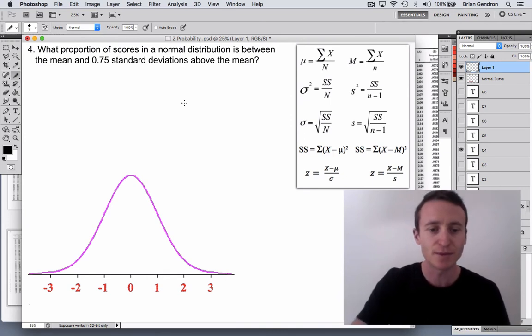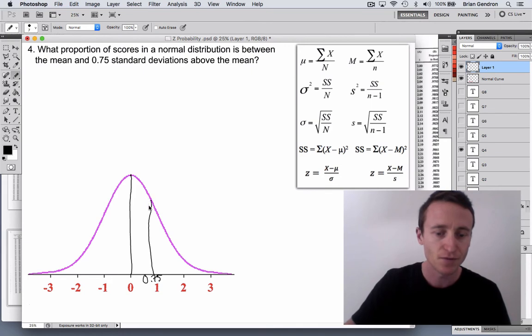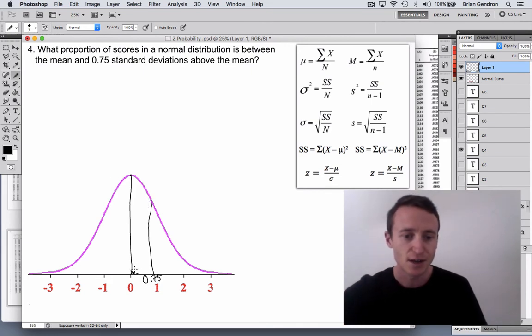All right, so now we have something a little different as well. This is asking us what proportion of scores is from the mean, which is right in the center, to this point, let's say right about here, 0.75. And all we care about is the proportion in between.